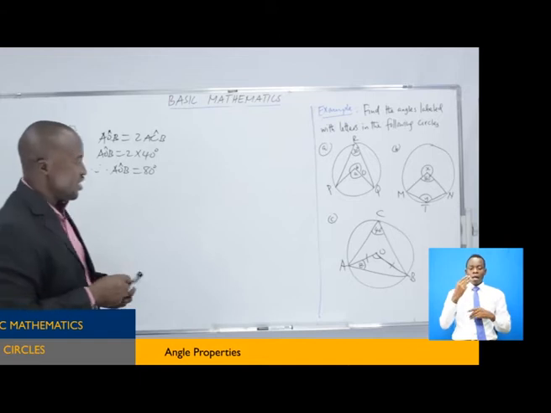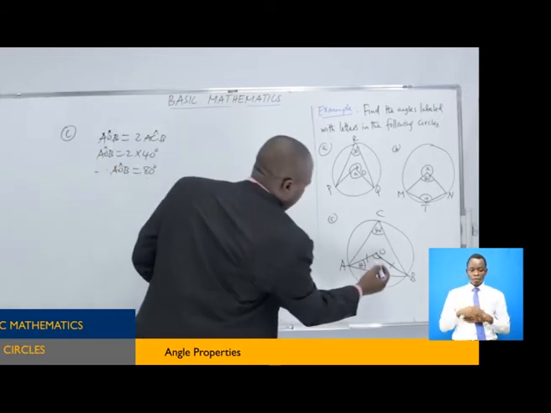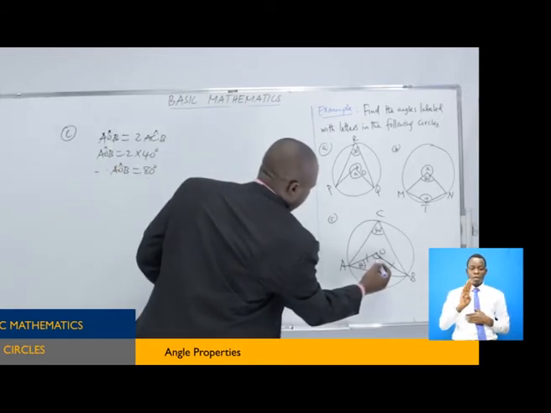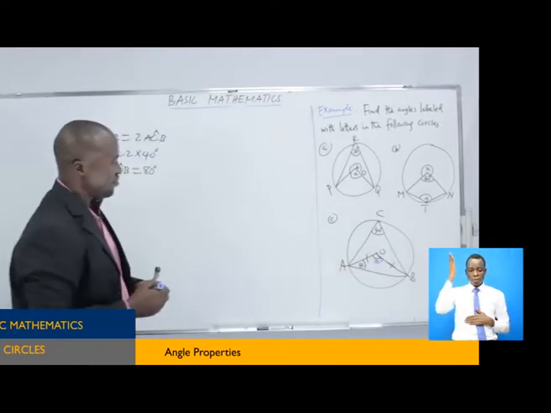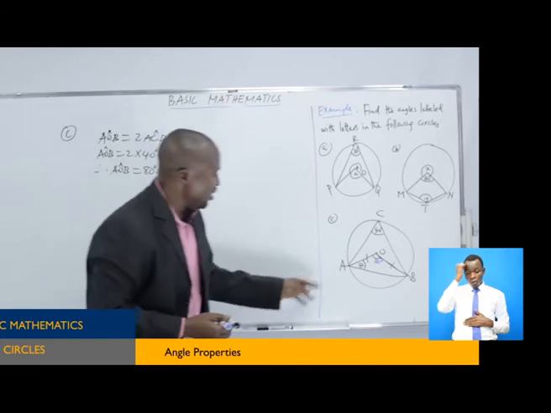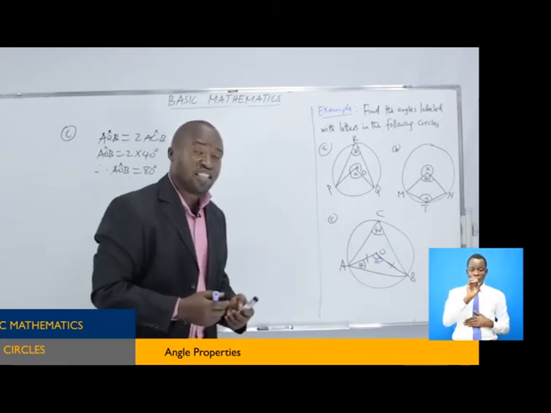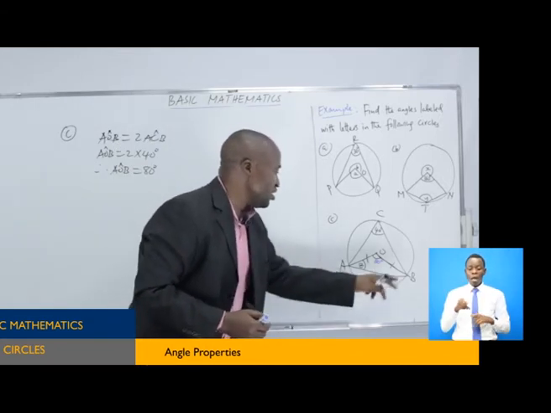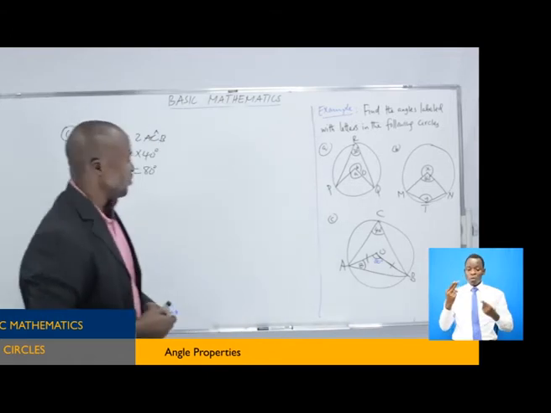So students, in this case, angle AOB, which is this one, now we have 80 degrees. Remember, AOB is an isosceles triangle, whereby the base angles are the same.